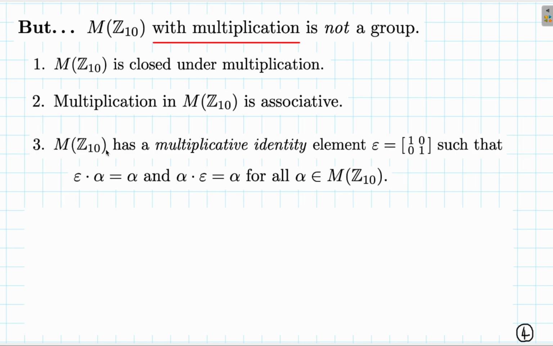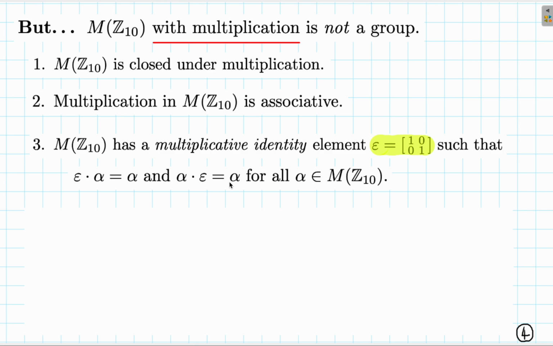In fact, we also have a multiplicative identity element, as we saw in the classwork, the matrix that we'll call epsilon. That's our matrix 1, 0, 0, 1. It has the property that epsilon times alpha is alpha, and alpha times epsilon is alpha, for all alpha in M of Z10.